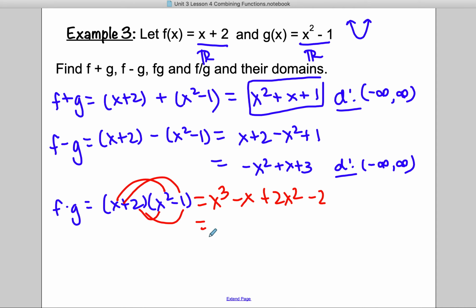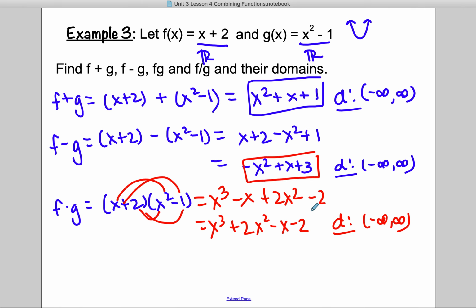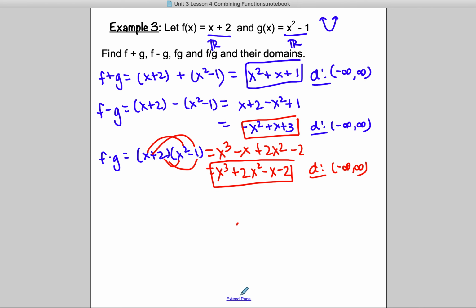Combine like terms, doesn't look like there's any terms in there, but I always like it if you guys could put it into standard form, so it's highest exponent to lowest. And then our domain stays the same. And there it is. Should have boxed these answers from before.